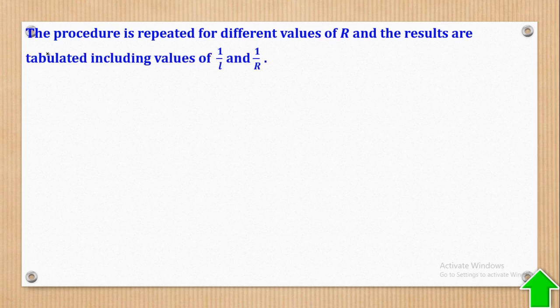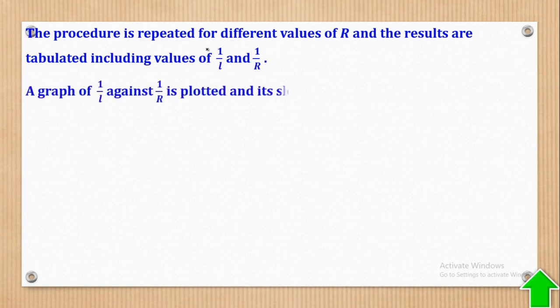We shall continue and say that the procedure is repeated for different values of R, and the results are tabulated including values of 1 over L and 1 over R. A graph of 1 over L against 1 over R is plotted and its slope S is determined.